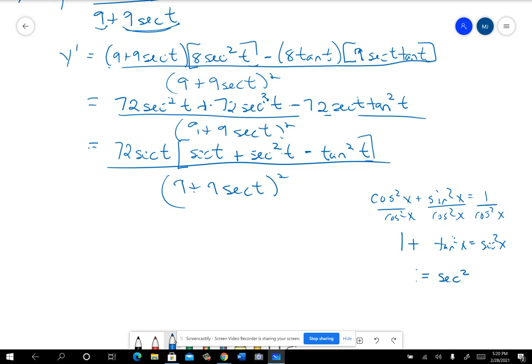Secant squared x minus tangent squared x would equal 1. So I was thinking that right there would be a 1. Okay. So right now I'm just afraid I haven't finished simplifying this. So I'm looking at some possibilities to see if I could do a little more.